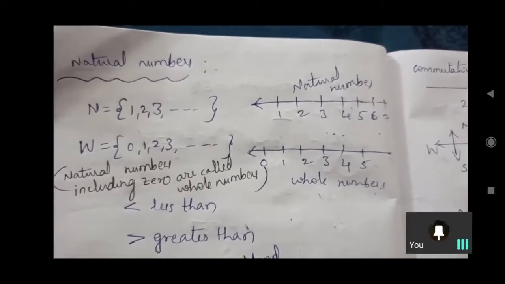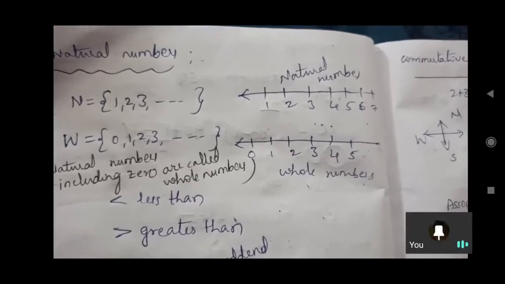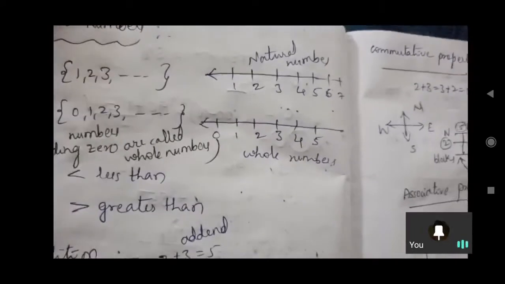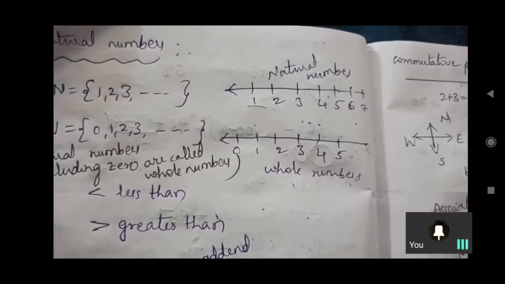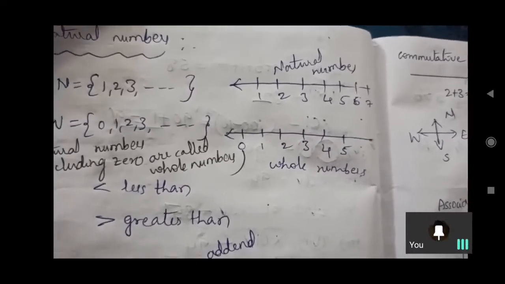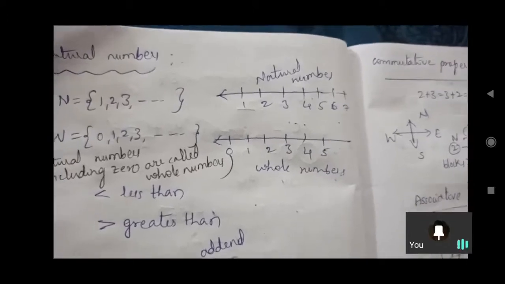Including 0 with natural numbers is called whole numbers. Those are called whole numbers. From 0 onwards, up to infinity, those all come under whole numbers. Okay. 1, 2, 3, 4, 5, 6, 7 up to infinity, those are natural numbers. And if we include 0 also, those are whole numbers. Okay.